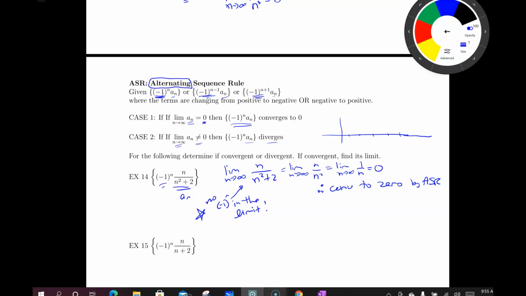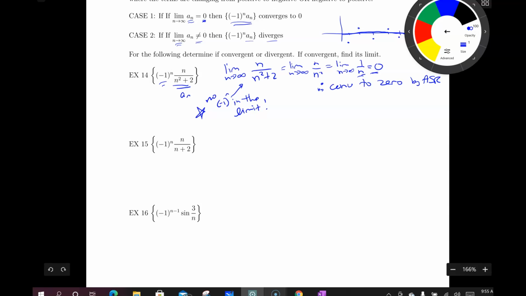So if I plug in n equal 1, it's a negative term, and then a positive term, and a negative term, and it's positive. So it's changing sign, but as it's changing sign, it's getting closer and closer to 0 because the positive terms are getting closer and closer to 0. So that's why it converges to 0.